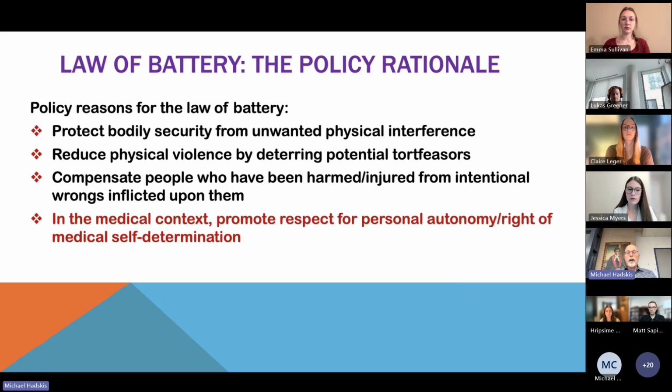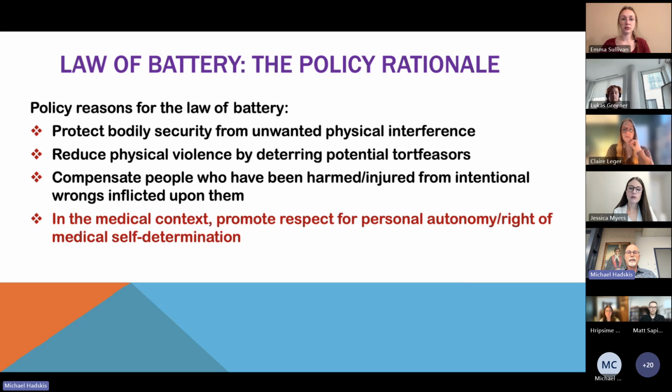In the medical context, and that's what we're dealing with here in the Millett and Schulman case, battery law is to protect a person's personal autonomy, their right of medical self-determination. Basically, people have the right to control what happens to them, like what they will submit to in the medical context and what they will not submit to.